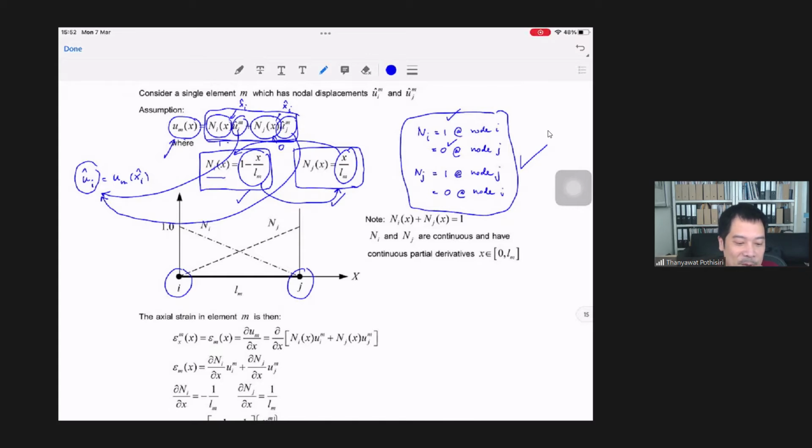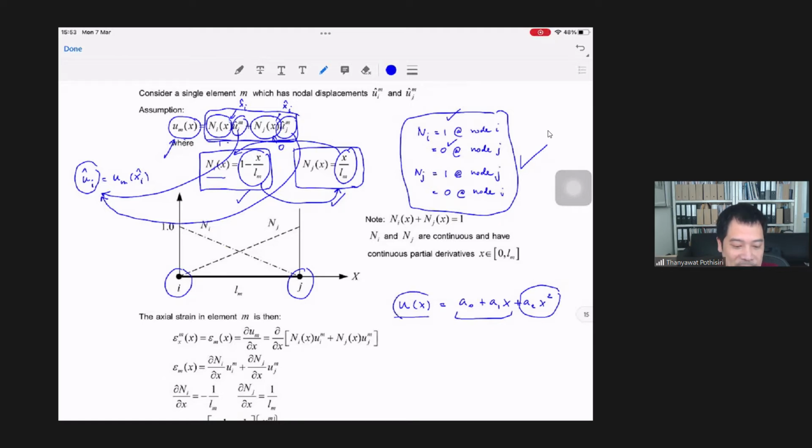Because suppose you want to use a higher order function, it means that you want to approximate your displacement function by including higher order terms. Higher order means you have order that's more than one. Now a linear term would include these two terms, right?